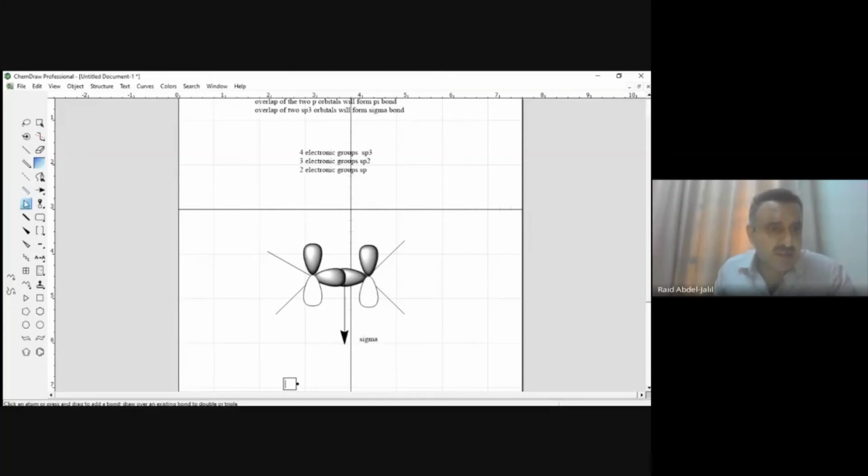And this overlap, above and below, is what we call the pi. These are the two overlaps, and these are the two bonds which will be formed between the two carbons. Do you follow me, guys, so far?